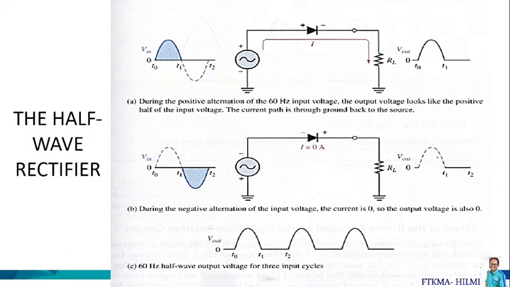Since the output does not change polarity, it is a pulsating DC voltage with a frequency of 60 Hz. So basically this is a DC voltage, but it pulsates only at the positive part, and the frequency is 60 Hz.